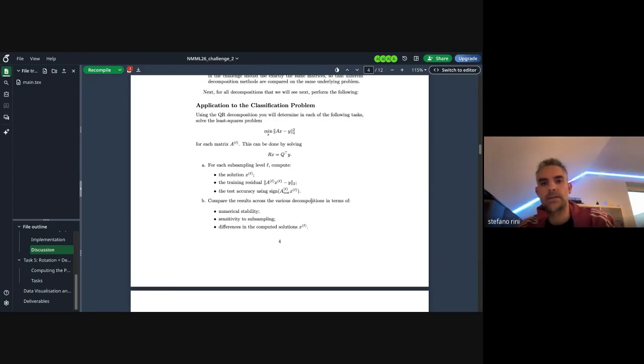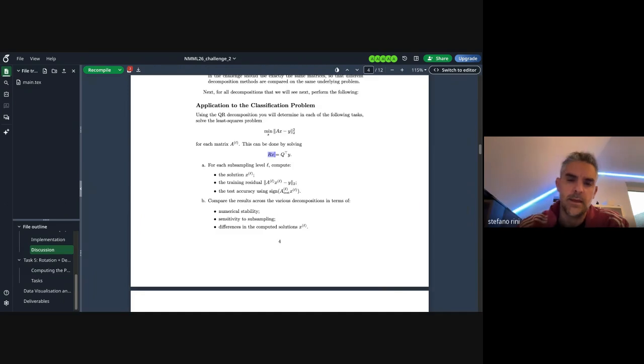The idea is that when you do a classification problem, depending on how you construct your A, with n being the number of samples that you choose, and d being the subsampling regime that you have, you're trying to find the x which minimizes this norm. This corresponds to finding the x using the QR decomposition as we have it, and you find the x using, let's say, Gaussian elimination, once you figure out the decomposition of A into QR.